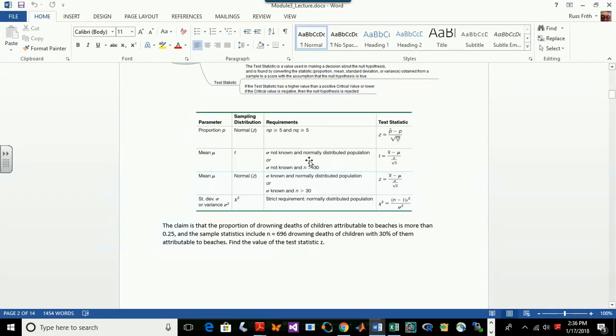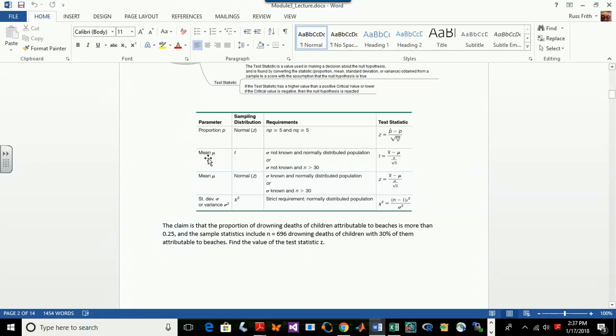Okay, so if we do not know the standard deviation of the population, sigma not known, and the population is normally distributed, or if we don't know the standard deviation of the population and our sample size is bigger than 30, then we have to use the t-statistic, which formula is here. We use this if we're analyzing hypotheses about a mean.